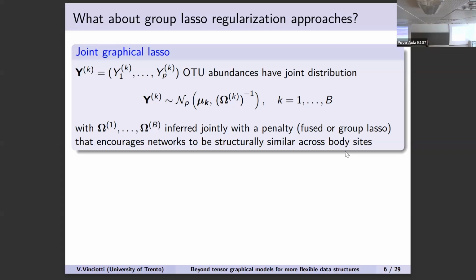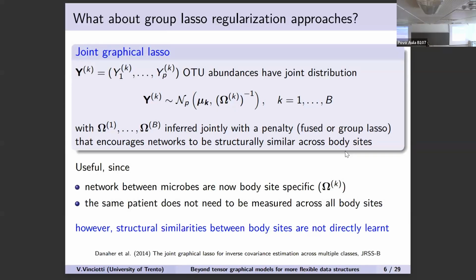And we let the data, in some sense, tell us how similar they are, or how much regularization we need. Also, we may want to say that they are sparse, there are zeros. So we reduce the number of parameters, as well as making the networks more similar to each other, in regularized approaches for inference of parameters.